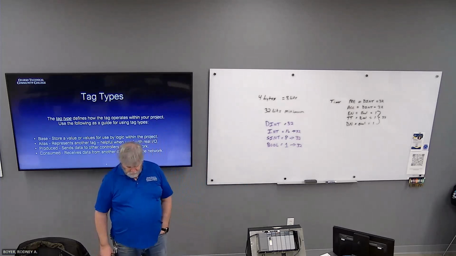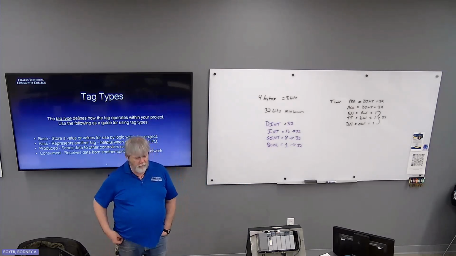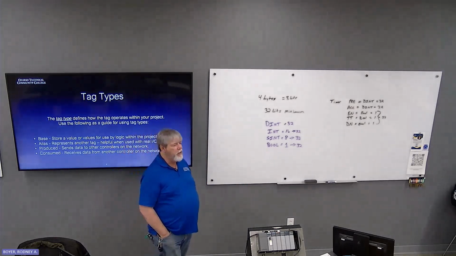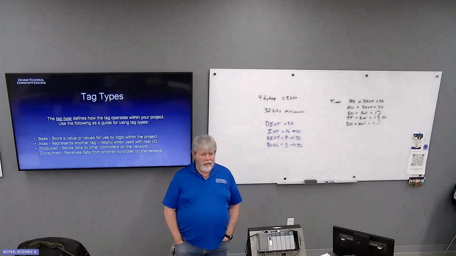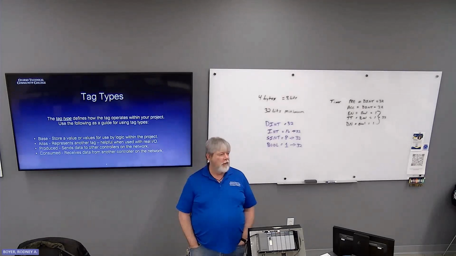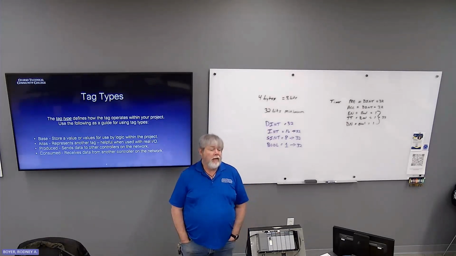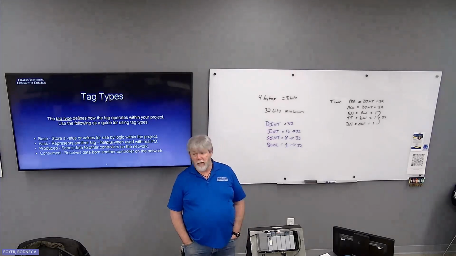So the vast majority of the time we use the alias for physical I/O, because we would much rather worry about start push button, stop push button, and so on, than Local:blah blah blah.